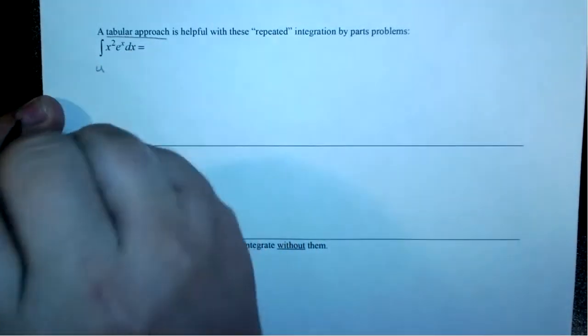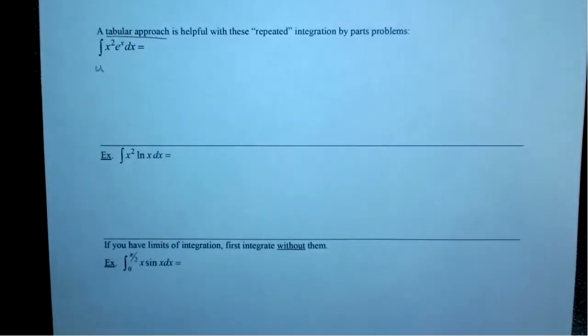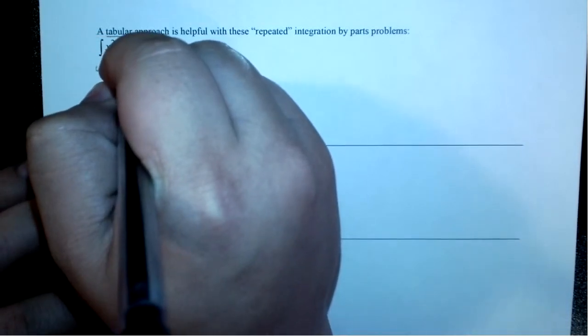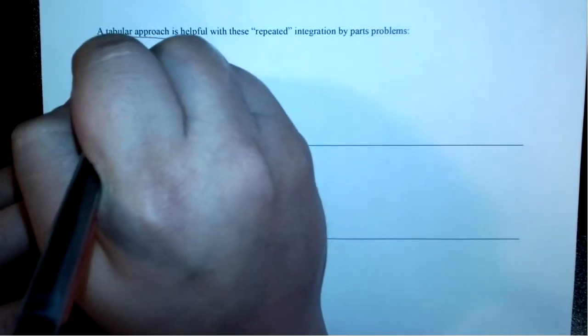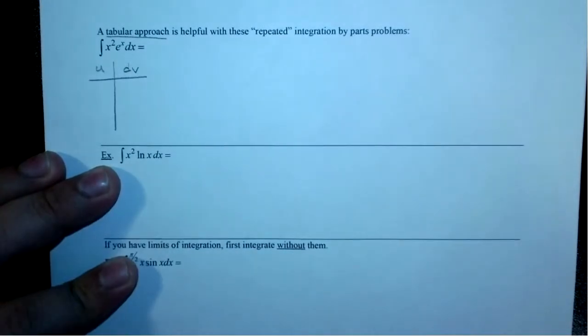And one side of the table will be labeled u, the other side of the table will be labeled dv.